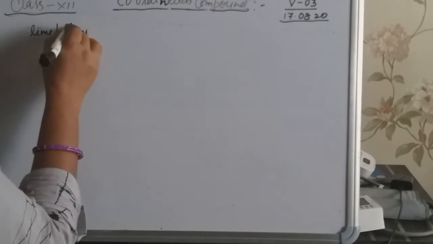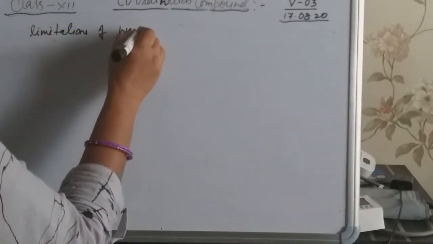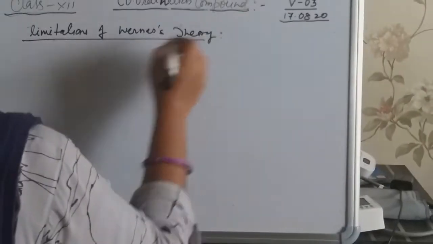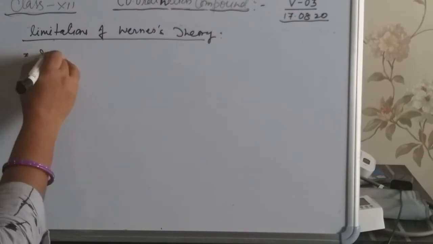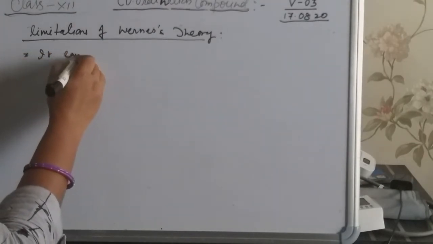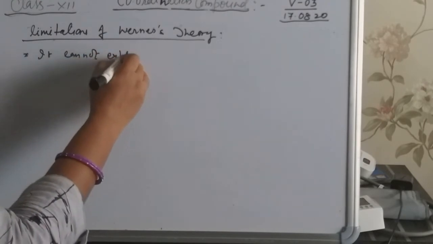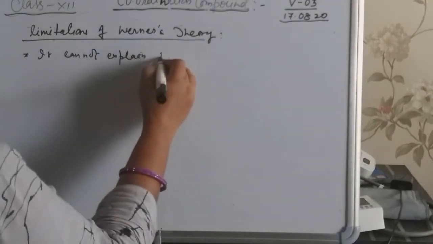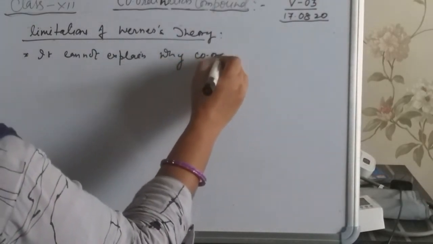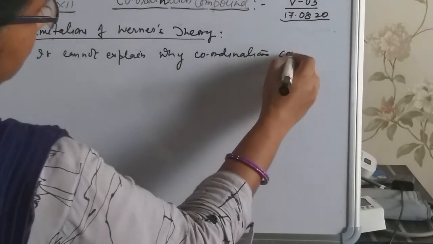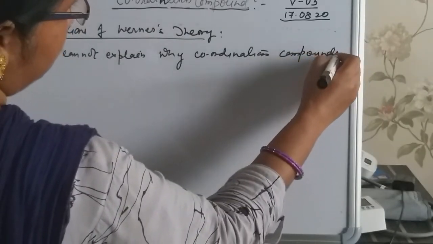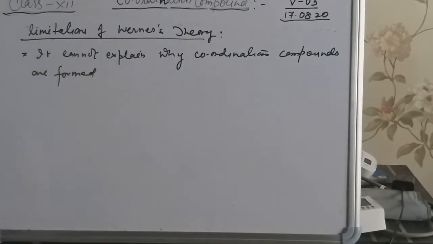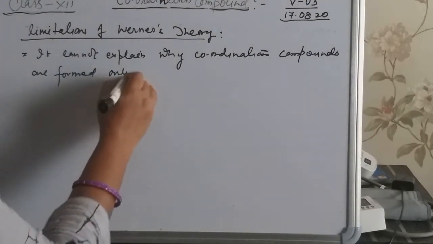So let's write down the limitations of Werner's theory. Number 1, it cannot explain why coordination compounds are formed only by some metals.